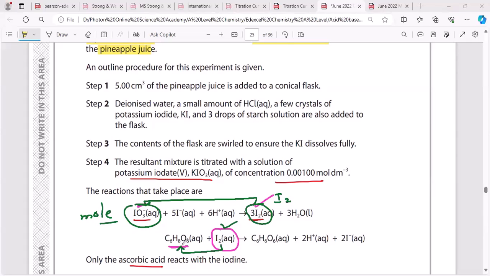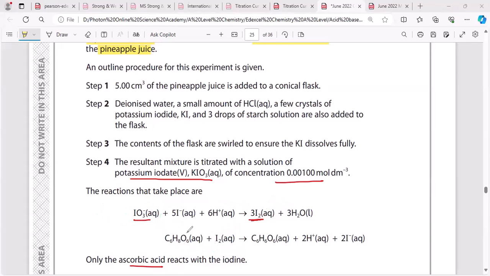And then the story would be simple. Let me explain again what I am talking about. I need to find out the amount of acid. Here you can see the acid is in molar ratio comparison with iodine, so I need the moles of iodine first. How can I find the moles of iodine? There is a comparison of iodine with iodate ion, and the iodate ion concentration and its volume are given.